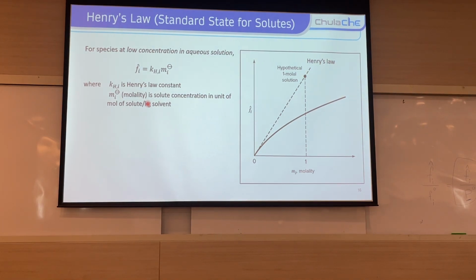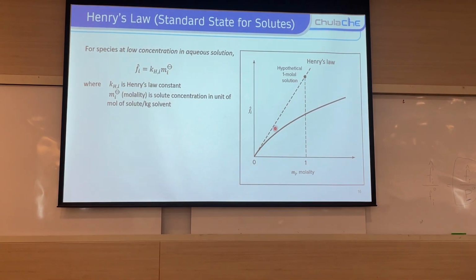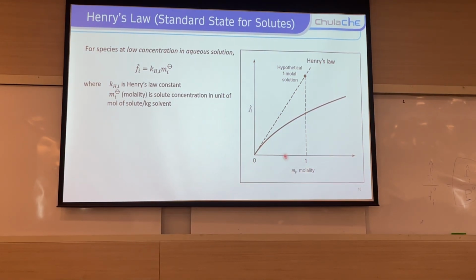And the unit of molarity is usually moles of solute over kilogram of solvent. From this equation, Henry's law can be plotted as a straight line when you plot the relation of the fugacity of the species in aqueous solution versus the molarity, or the concentration of the solute.